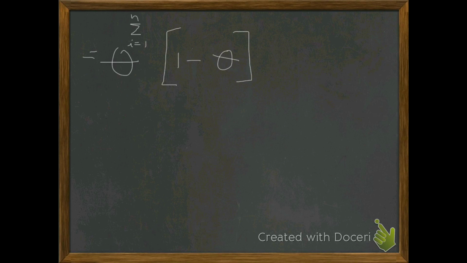And so, guys, note here, if we have the sum from i equal 1 to n, that ultimately what we have is 1 minus y1, 1 minus y2, plus 1 minus yn.